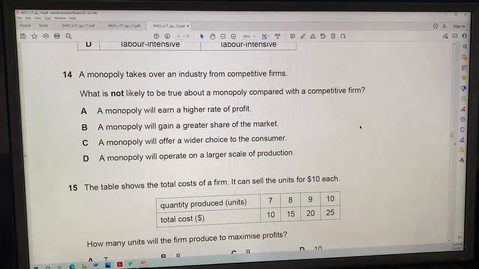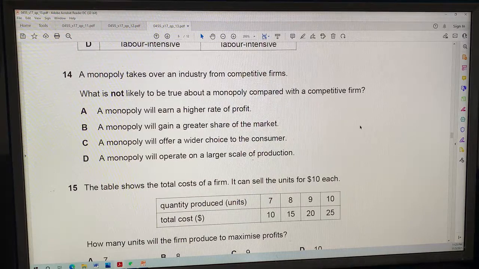this is a good reason we should explain monopolies and other market structures very carefully. So a monopoly takes over an industry from competitive firms, and what's not likely to be true about the monopoly compared with a competitive firm.